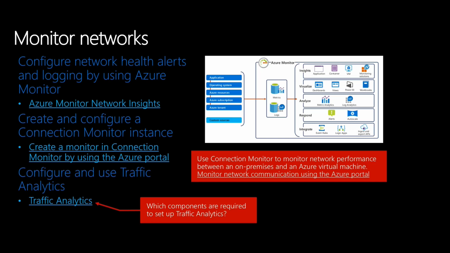If you use traffic analytics with these flow logs, it allows you to visualize network activity across Azure subscriptions and maybe identify things like hotspots. If you've got a whole lot of traffic in certain areas, maybe you've got segments of the network that are underpowered and maybe need to be enhanced.